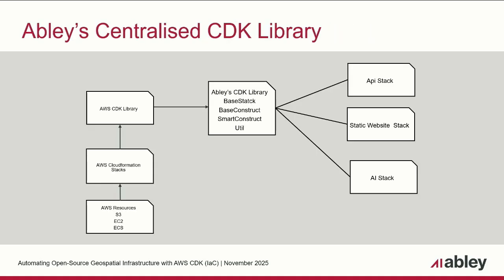And that library sits right between our stacks and the AWS CDK library, which is the client library. So that sits right between us. It has 3 layers, as you notice in this: base stack, base construct, smart constructs, and some utils functions to import anywhere in these stacks.